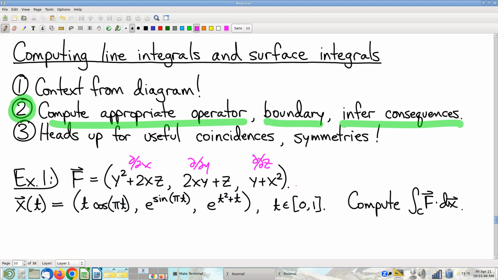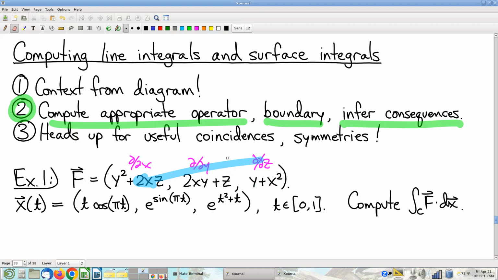So to compute the curl, step 1, I need to take the y partial of that and then subtract the z partial of that, which gives me 1 minus 1, which is 0. Cool. Next, I need to take the z partial of that minus the x partial of that. That gives me 2x minus 2x, also 0.